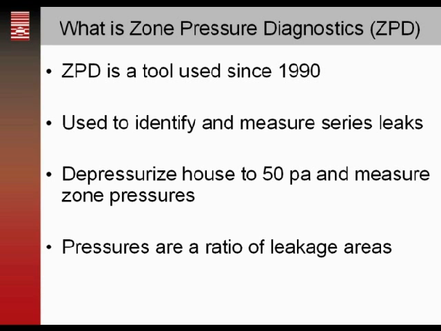A simple series leak would be air leaking from a house to an attic, and then measuring from the attic to outside. And the amount of leakage through that series depends on the openings on both sides, both house to attic and attic to outside. And zone pressure diagnostics is used to identify those series leaks. A more complex series leak might be air leaking into a wall cavity, that's leaking into a drop soffit cavity, that's leaking into an attic space.